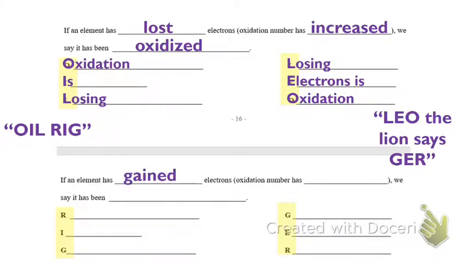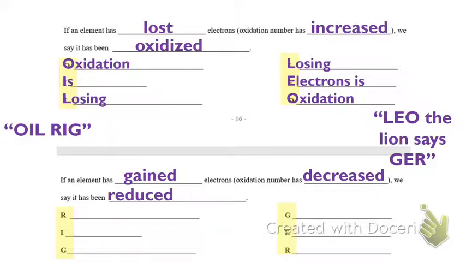And then, if an element has gained electrons, the opposite, that means that their oxidation number has decreased, gone down, because I have more electrons, more negativity in that atom, then we say that it's been reduced. That kind of makes sense. Notice, decreasing the oxidation number is reduction. Going down is reduction. So that can kind of help you on its own.